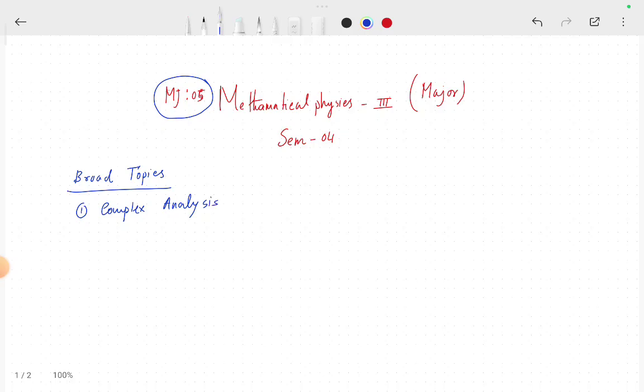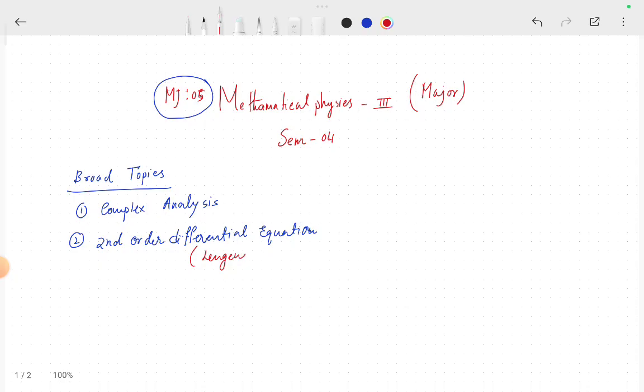The second topic is second order differential equations.